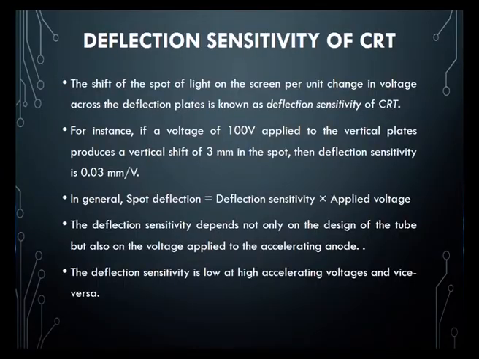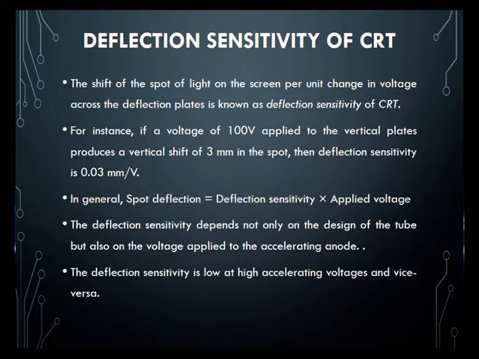So, how the deflection sensitivity of a CRT varies, what its definition is, and what the equation of deflection sensitivity is can be studied. The shift of the spot on the screen per unit change in the voltage applied to the deflection plates gives the deflection sensitivity of CRT.